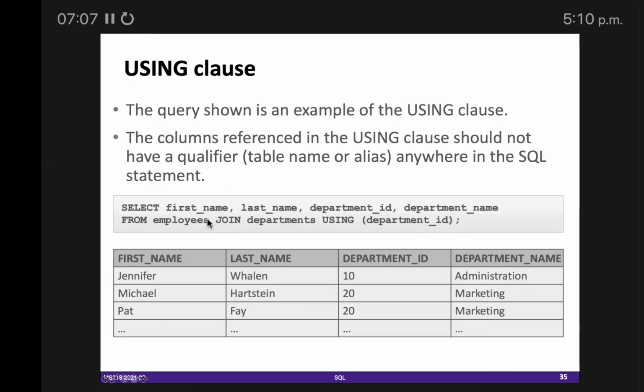Instead of NATURAL JOIN, we remove NATURAL and write: join departments table using department_id. If the data type is not the same but the attribute name is the same, then we can use the USING clause instead of natural join. So far we have discussed two things, natural join and the USING clause.